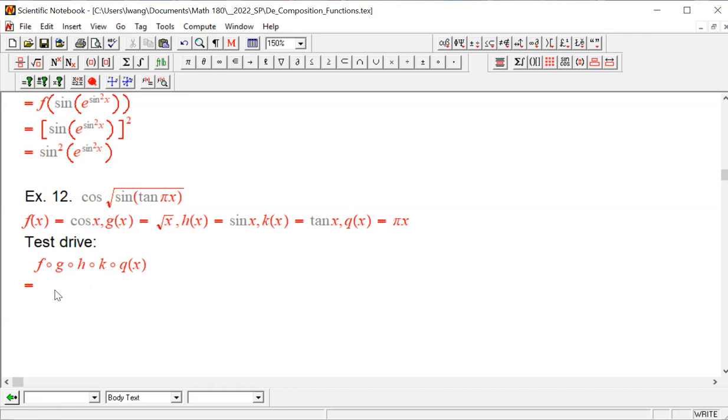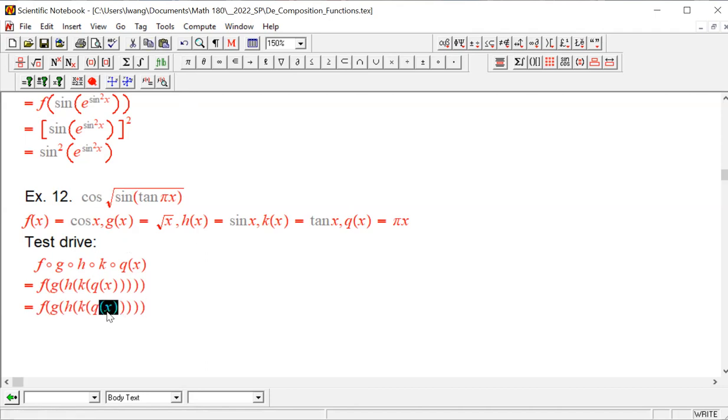Now we're going to compose it from inside out: g of h of k of q of x. So many layers. You should have 5 pairs of parentheses. So now from inside out.